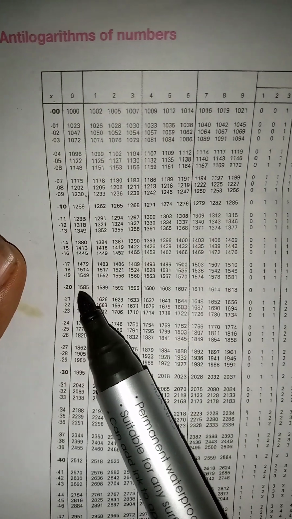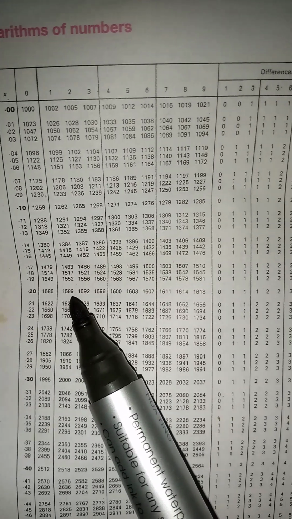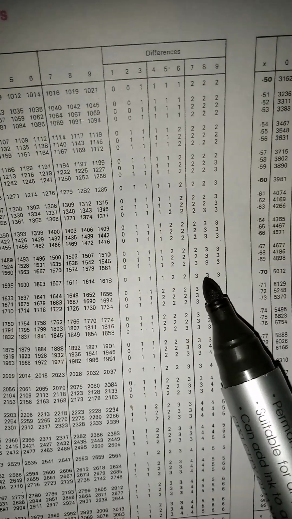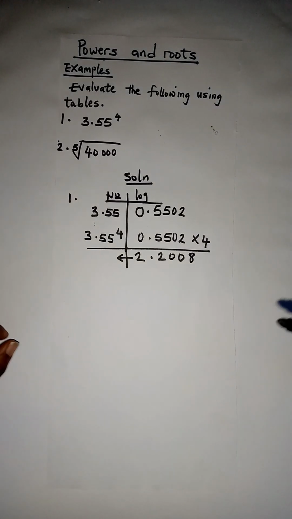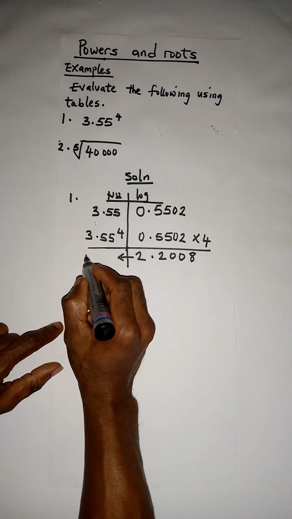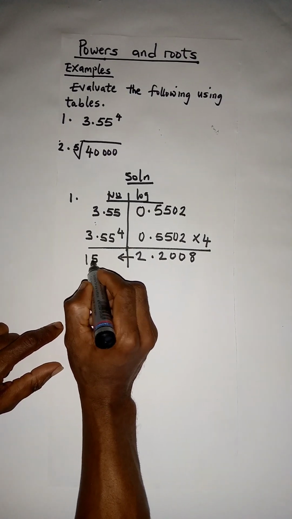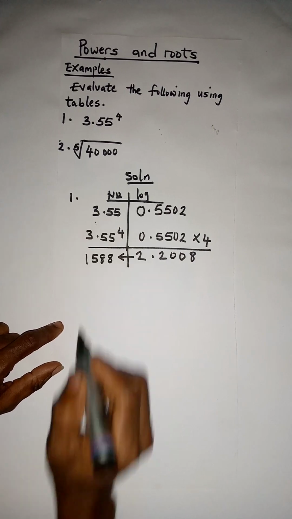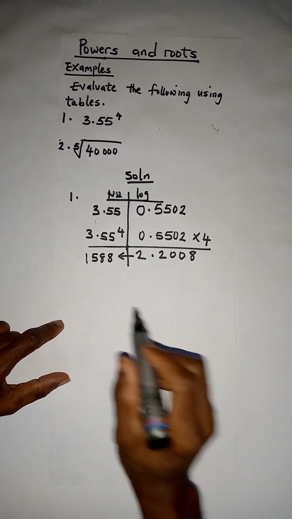So you come to the difference. Difference 8 is 3. Remember, I told you in the previous video that the difference will be added. So when you add that, we're going to have 1588. Okay, so that is the anti-log.